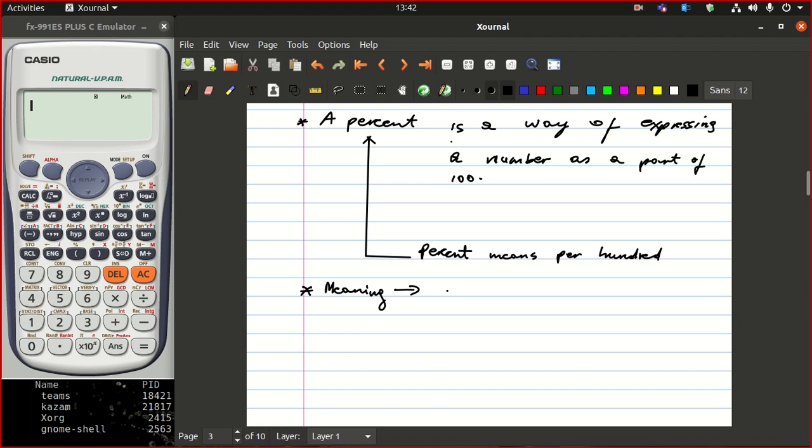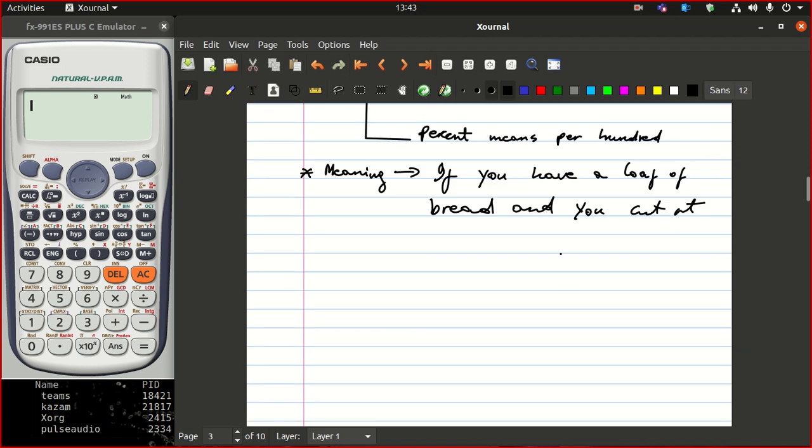Suppose you have a loaf of bread, and you cut it into 100 equal slices. Then what is a percent?